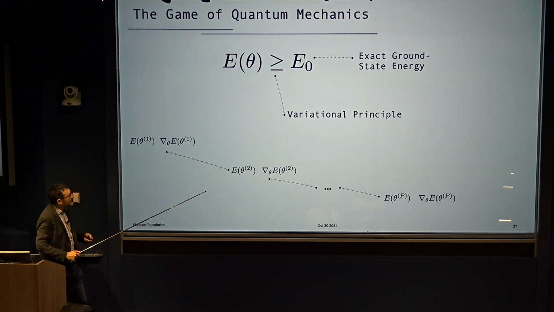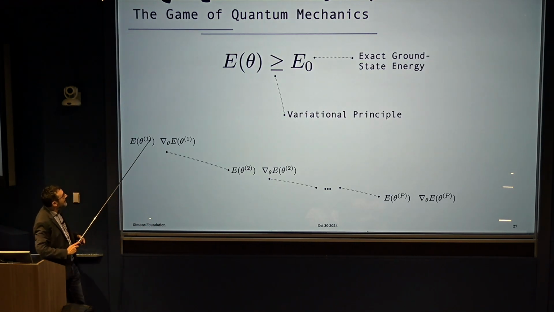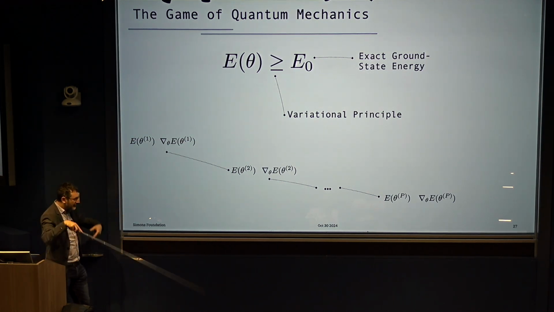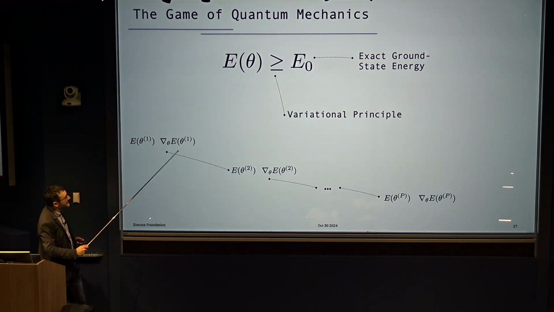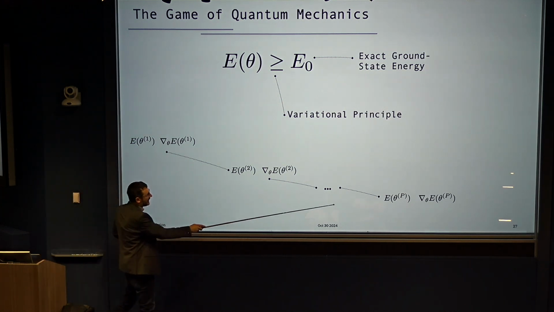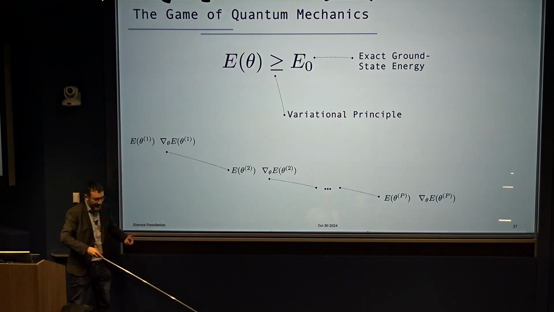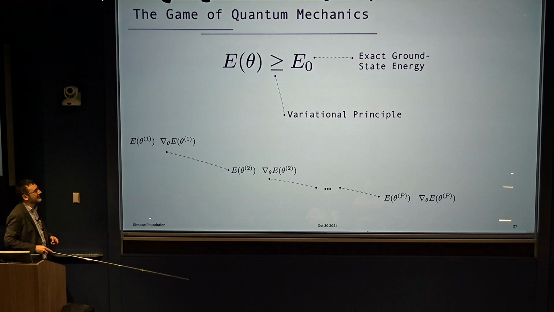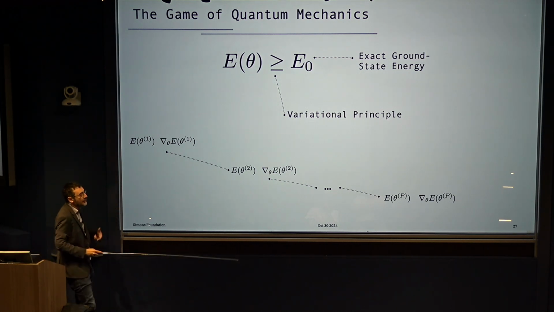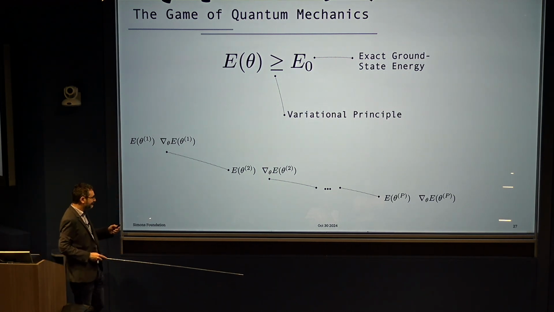After we have done so, we can also estimate the gradient of the energy with respect to such parameters. And by doing gradient descent, we can minimize the energy and optimize it to possibly a value that is close to the exact value, E0, that we don't know a priori.